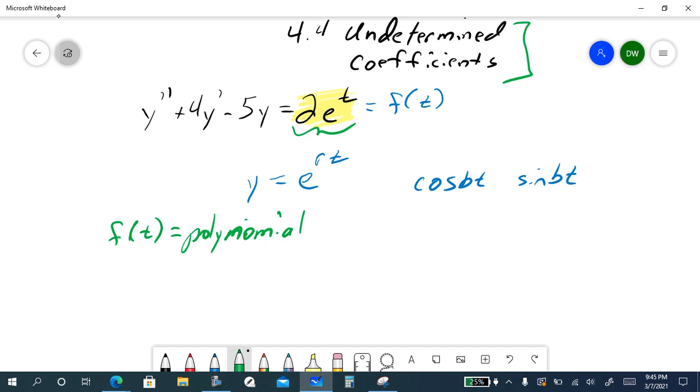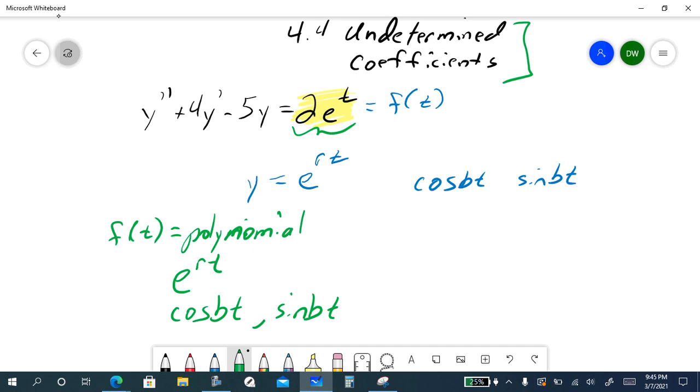If our right side is something where we have e to some power of t, then we can use the method of undetermined coefficients for that. Also, if we have cosine or sine, that's going to be a method of undetermined coefficients problem.